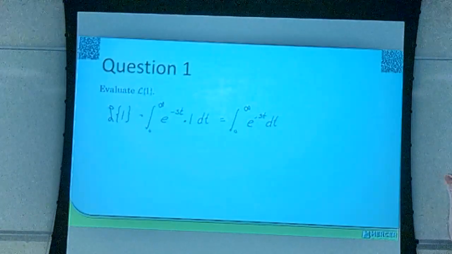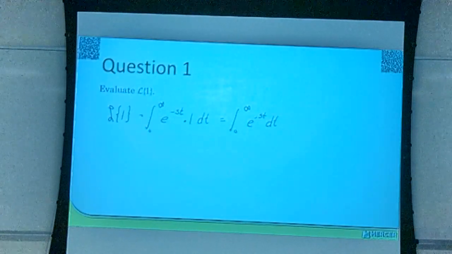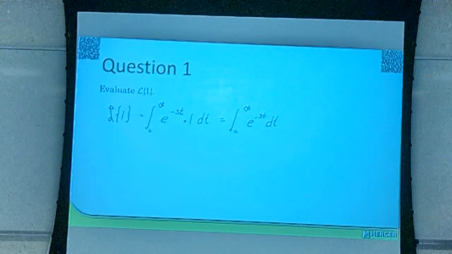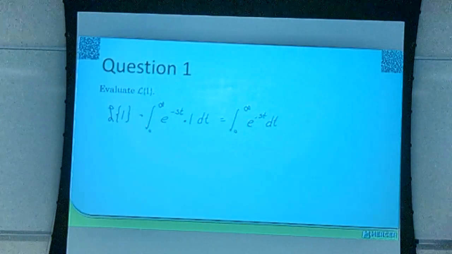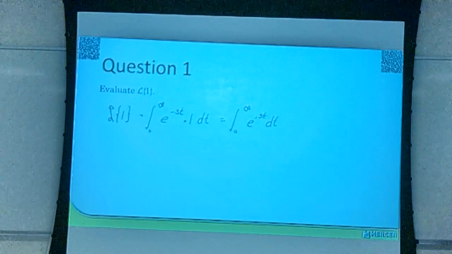Especially in physics, we never write the limit. If there's something evaluated at infinity, it is always implied to be a limit, a limit at infinity, rather. So that's the notion that I'm going to be using. And I'm pretty sure the textbook also does that.